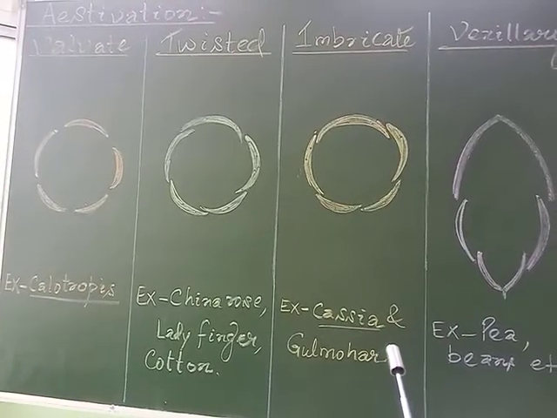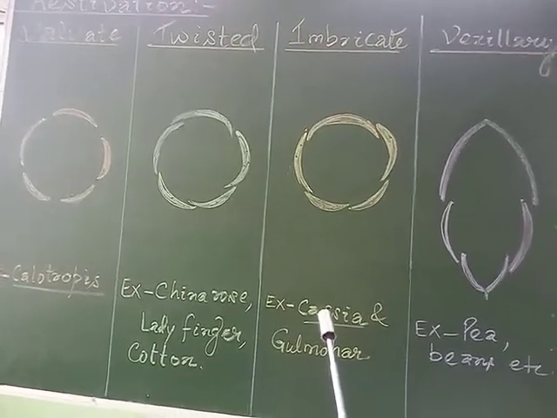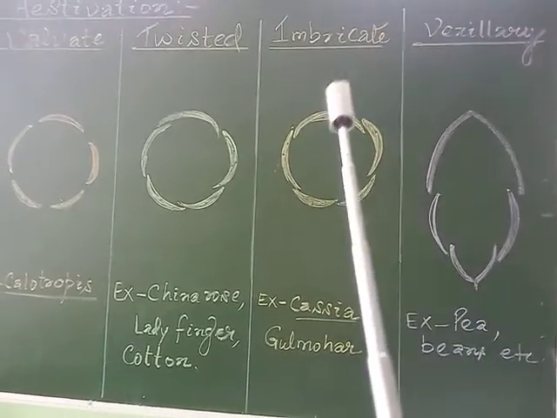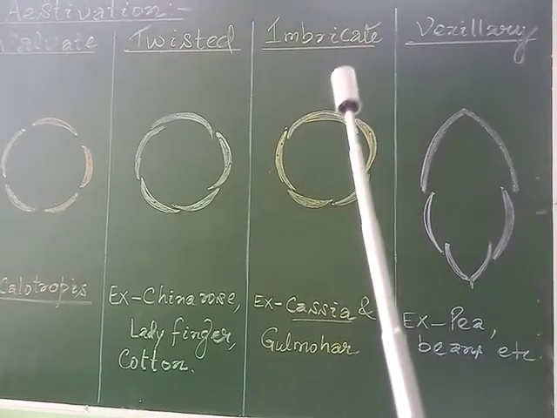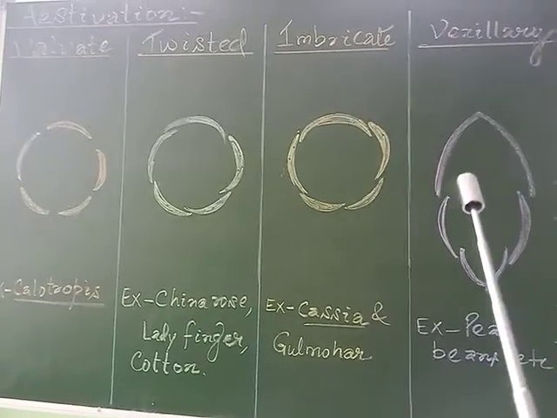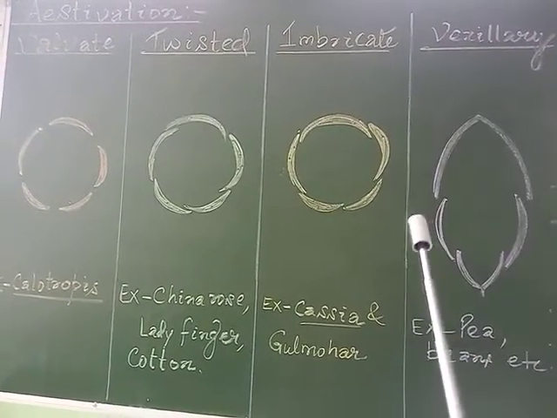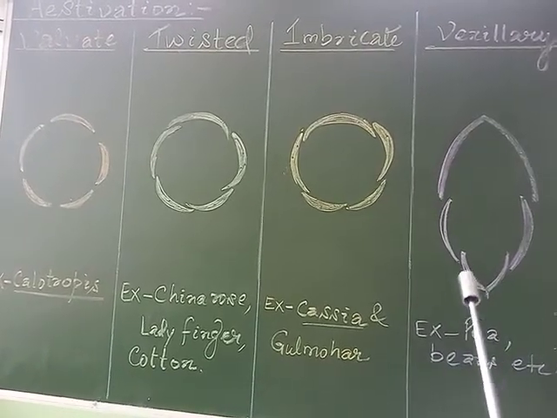as in the case of cassia, gulmohar, etc. Whereas the fourth type of estivation, which is vexillary estivation, in which what do we observe? There are 5 petals. For example, we may count them 1, 2, 3, 4 and 5.